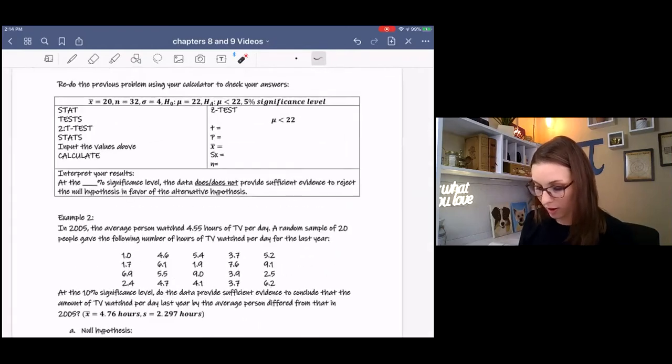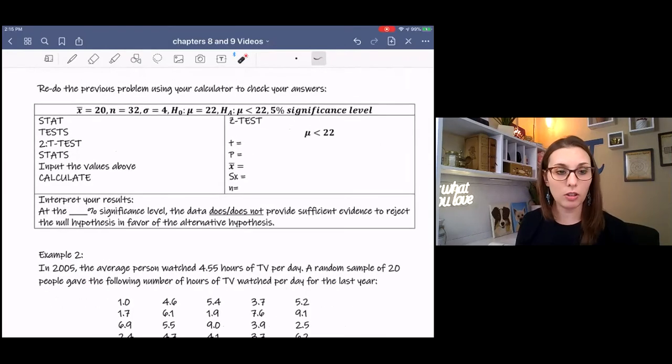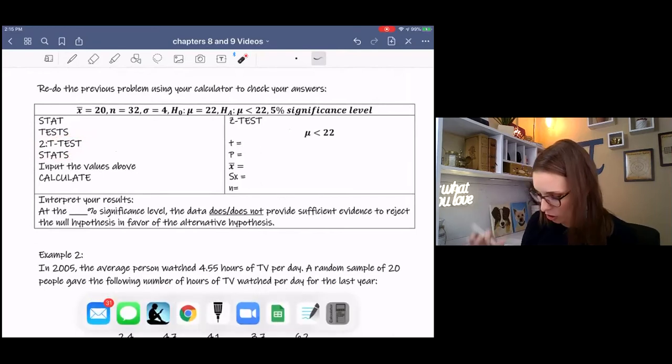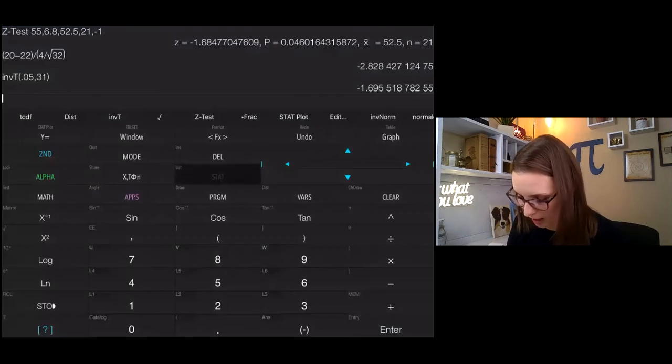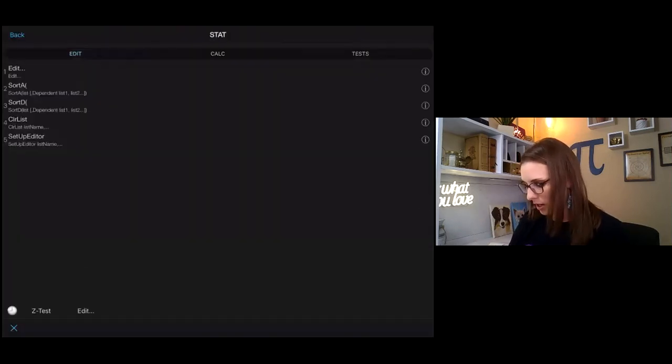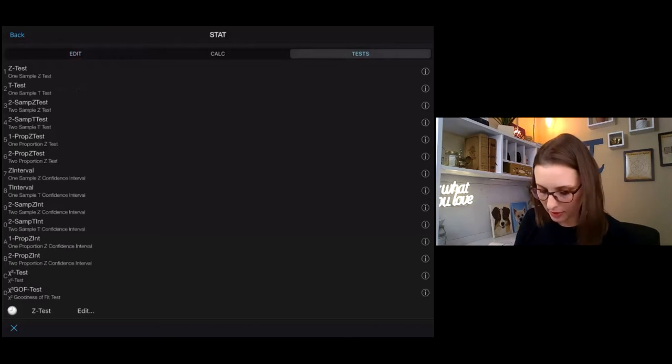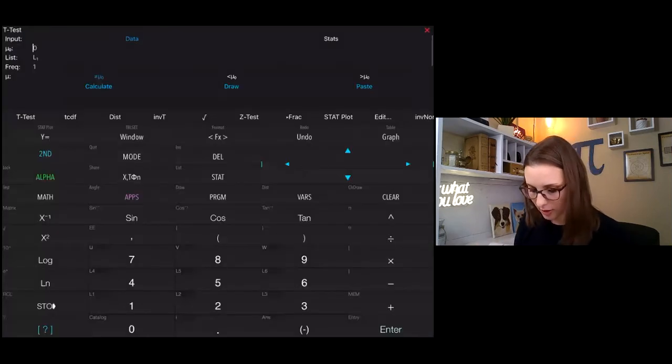And as with everything, you can do this in your calculator. It is called a t-test. So you're going to go to Stat and then over to Tests, and you're going to click t-tests. And then we are inputting stats. So let me just show you the steps. You're going to go to Stat, over to Tests. This is a t-test.